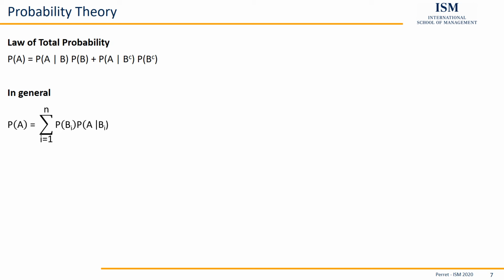Then again, plus the probability of going to a Russian restaurant times the probability of being happy when you go to the Russian restaurant. And again, plus so forth, so forth.